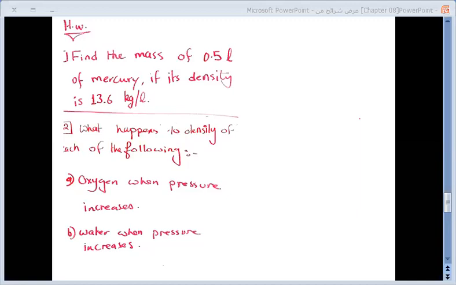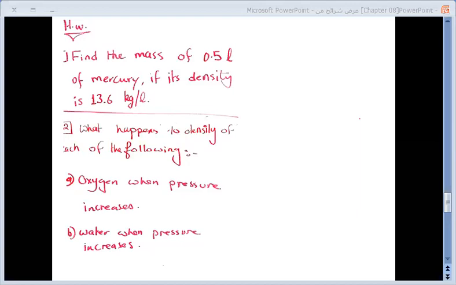Because the density rho equals m divided by v. So rho and v: v is not the numerator, it's the denominator. So rho and v are inversely proportional to each other, which means as v increases, the rho decreases. As v decreases, the rho increases. I hope it's clear, inshallah.